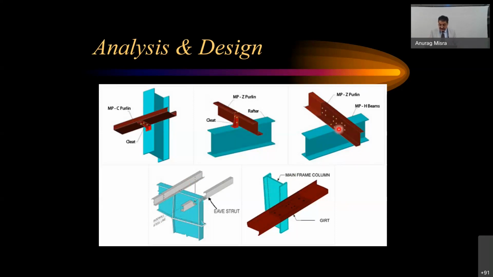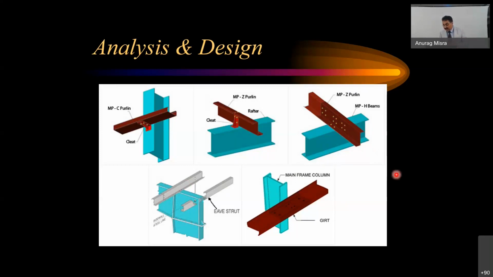Now here you can see some holes in the web also. Sometimes at the supports, your moment of inertia requirement is more. And as I said, you are using thin sheets for creating these Z sections. They are cold formed sections. So what is done is some overlapping.